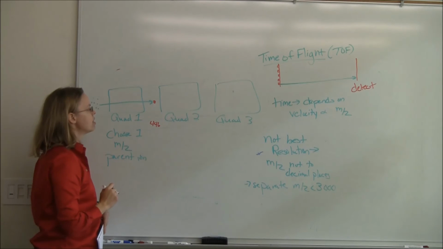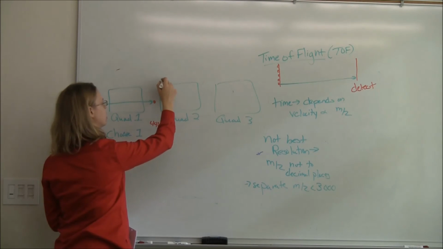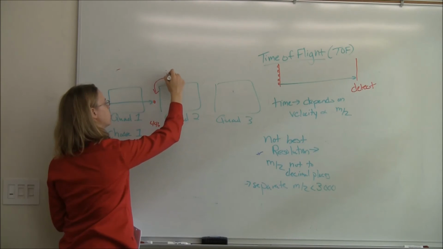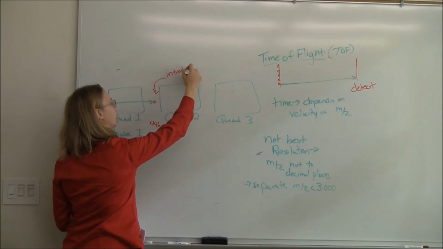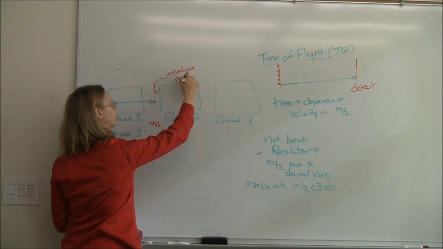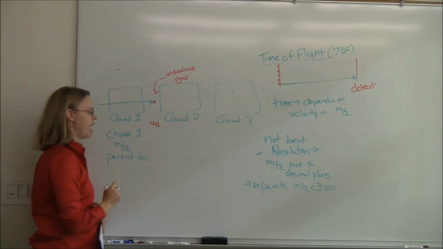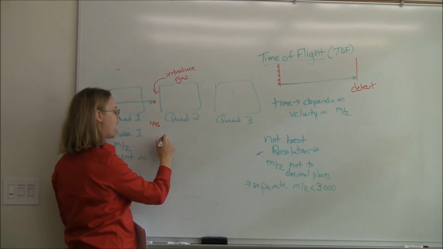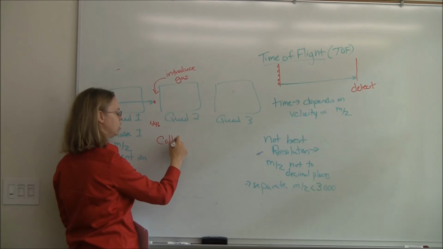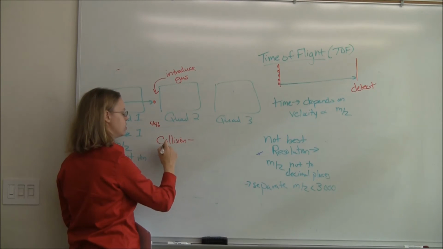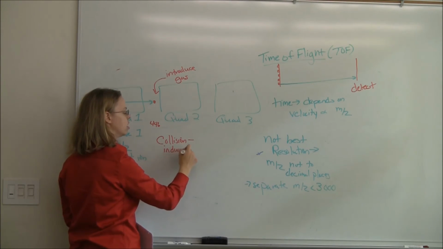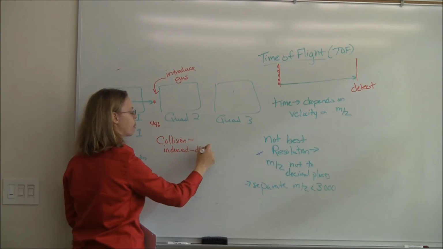In the second quadrupole, then what they do is they introduce a gas. And when you introduce a gas, it's the reason mass spec is done in a vacuum. If you introduce a gas, you'll get what's called collision-induced dissociation.